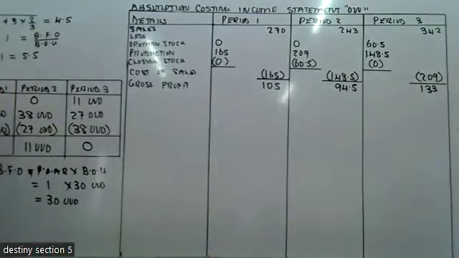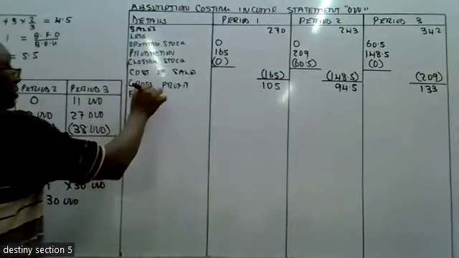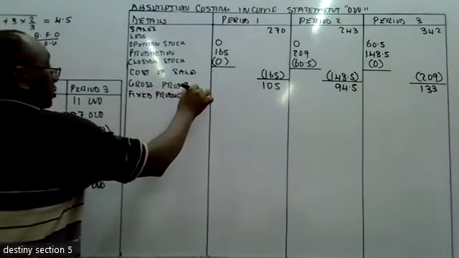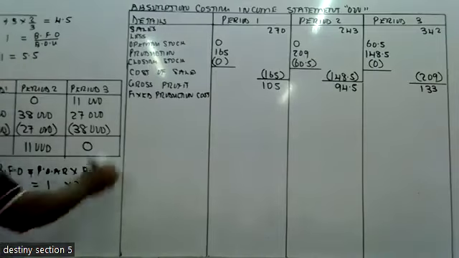After gross profit, you write fixed production costs. Now, under the fixed production costs, we have three things.